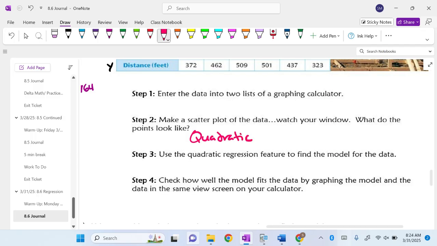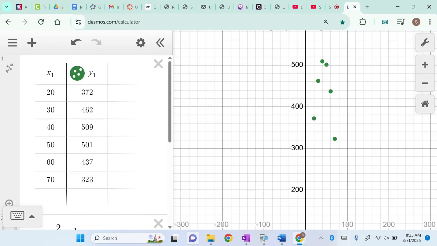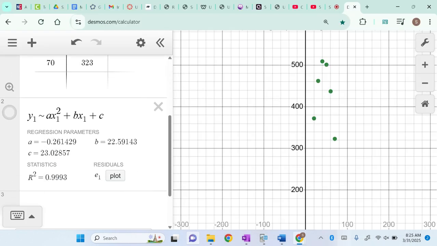Now, if I round to the nearest tenth, so 1 decimal place, what would be the equation for the data? Y equals what? What are the numbers that it gave you? If you're looking at these parameters right here and you round, what's your equation for the line of best fit?